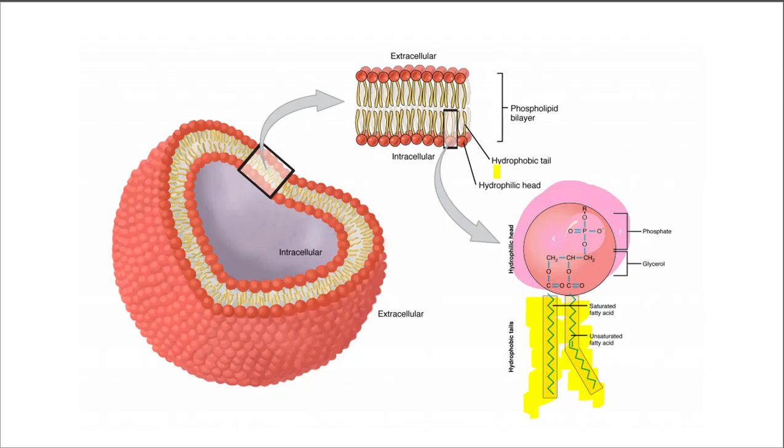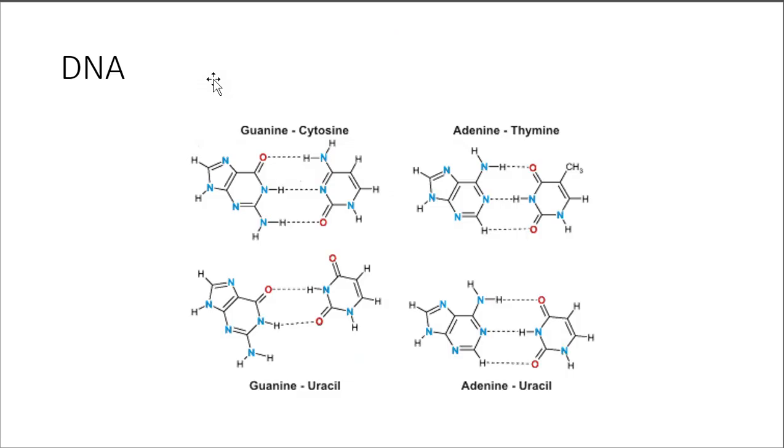So they arrange themselves in what is, and I'm sure if you've taken biology before, they've talked about the phospholipid bilayer. Extracellular is watery, but you have this non-polar middle that forms itself. And so that's how we have the phospholipid bilayer of the cells.